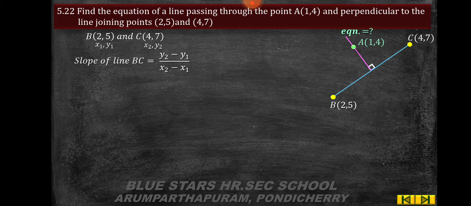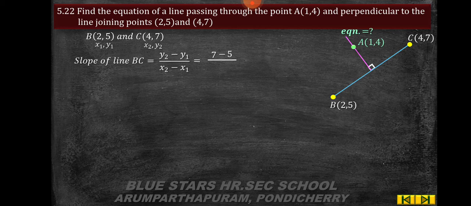Now the values of y2, y1, x2, x1: B(2, 5) is nothing but x1, y1 and (4, 7) is nothing but x2, y2.